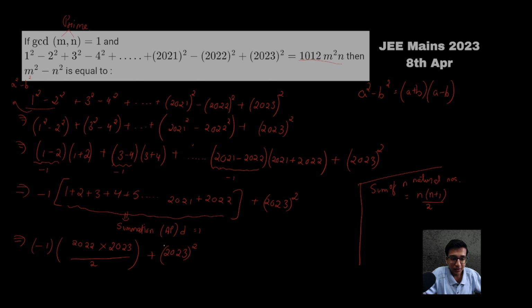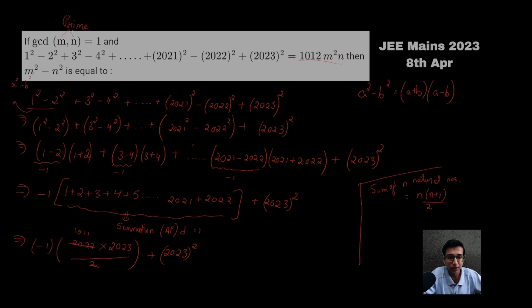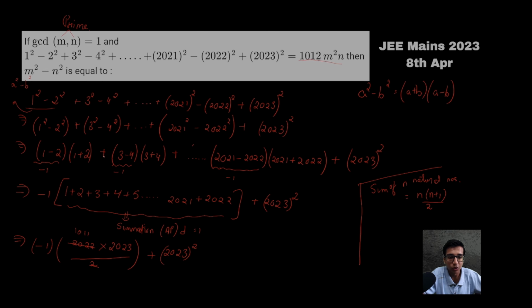Now from here, if you look at both these equations, first let's cancel out this 1 with this 1011. If you see in both these terms, 2023 is common, so let's take that as common. Let's do it here in this page. So 2023 is taken out as common. What would we be left with? 2023 minus 1011. I hope you are understanding how we are getting this.